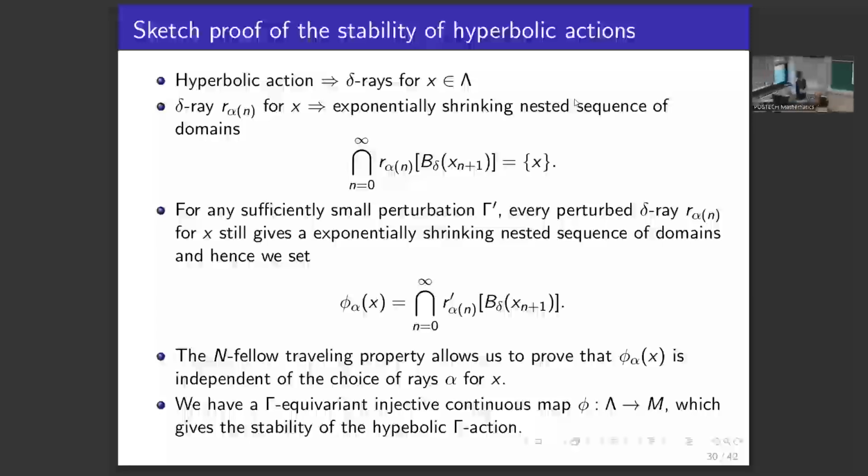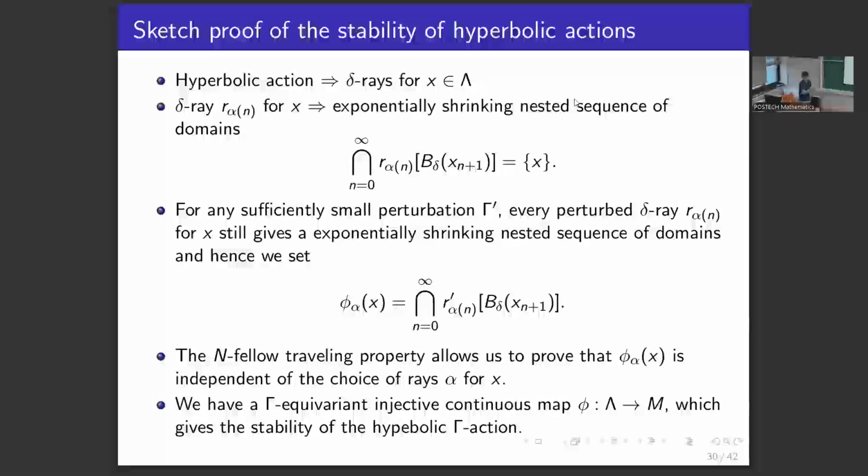So every perturbed ray also, so that means that if you perturb the original action, then gamma is changing to other elements. But the contracting property on each delta ball is preserved, okay?